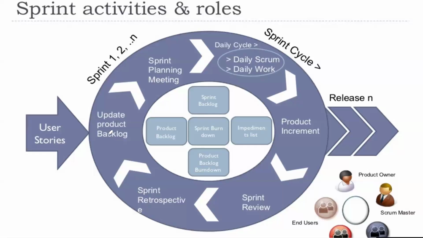In sprint one, each and every requirement, the product owner is going to be updating into the product backlog. Once it is updated in the product backlog, in the sprint planning meeting, all the team members like Scrum Master, Project Manager, Product Owner, Client, all people are involved.